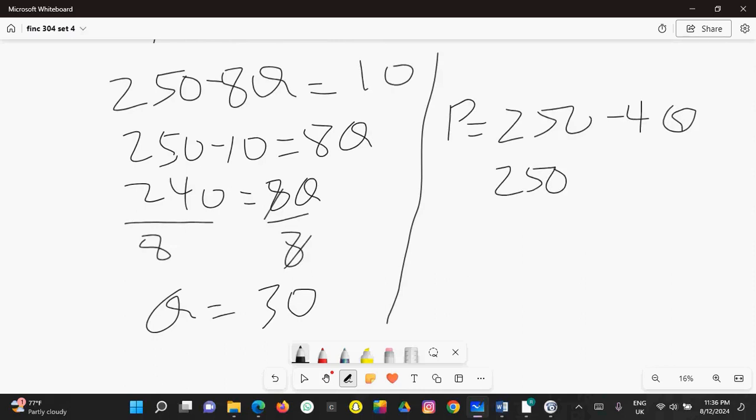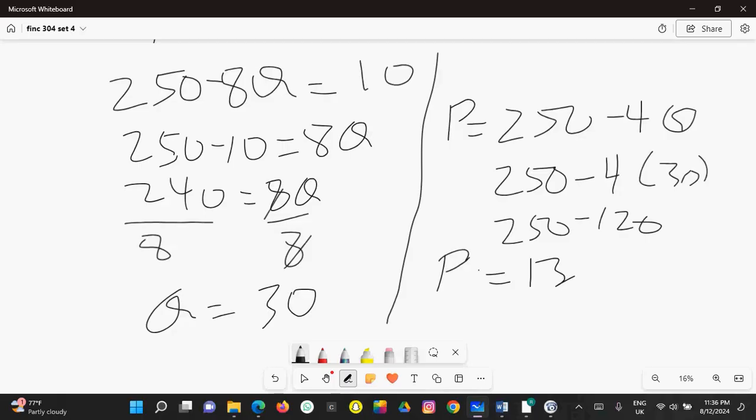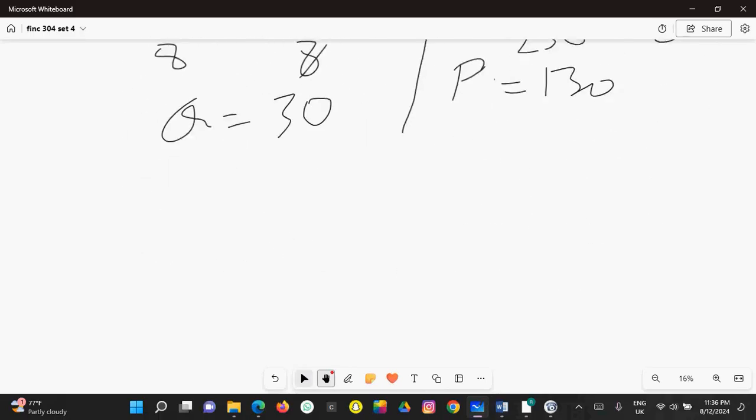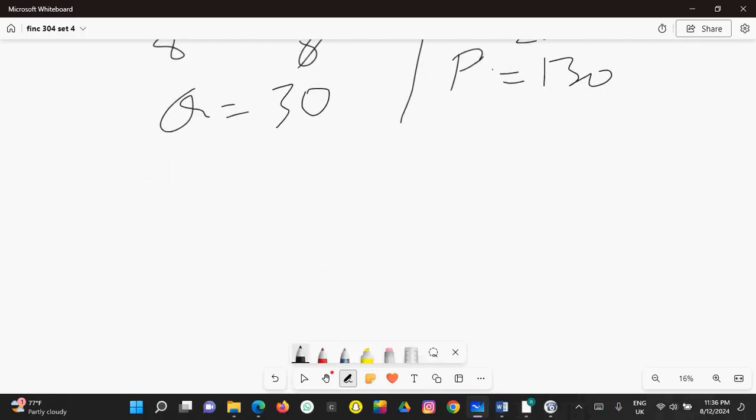Now 250 minus 4 into bracket 30, and then 250 minus 120. So P is equal to 130.